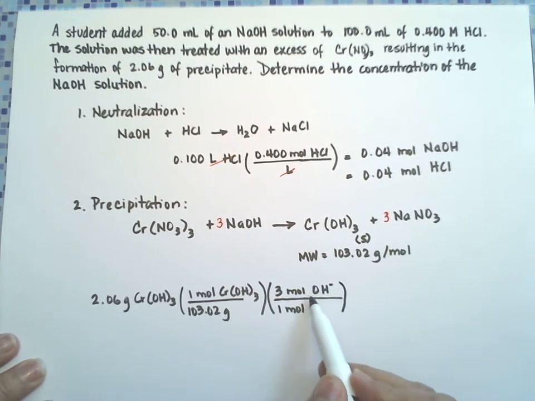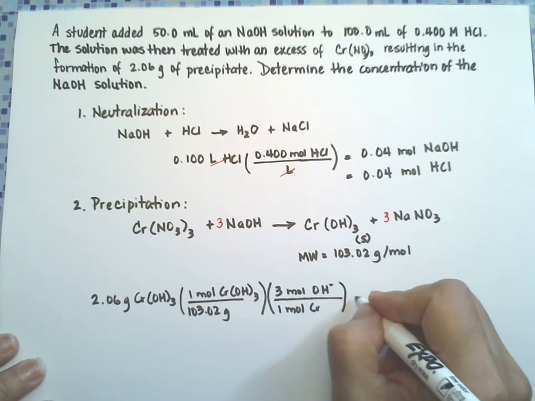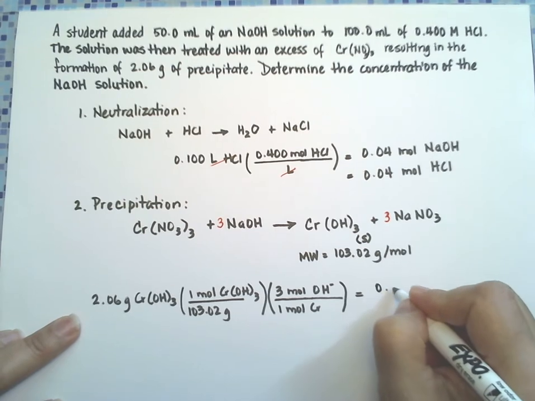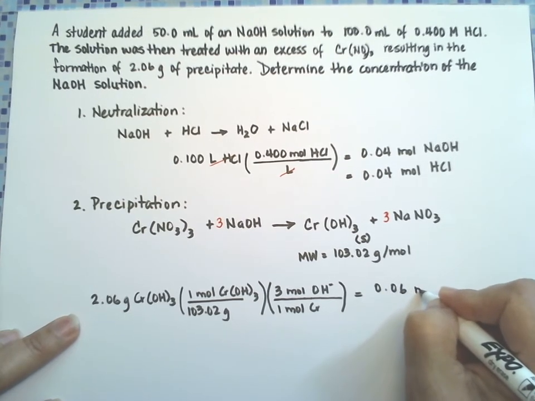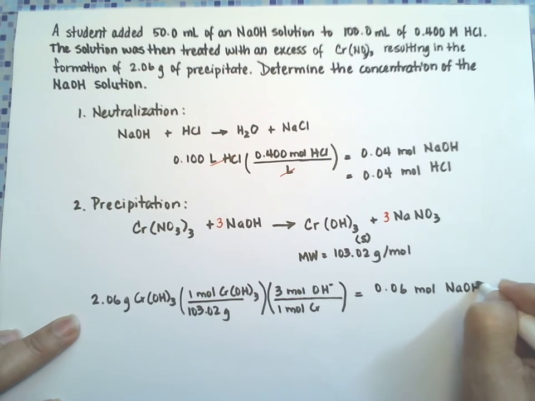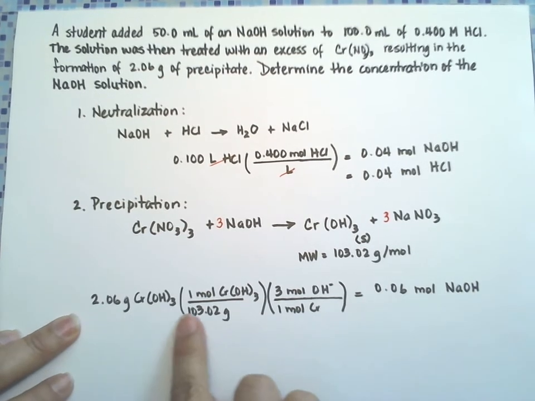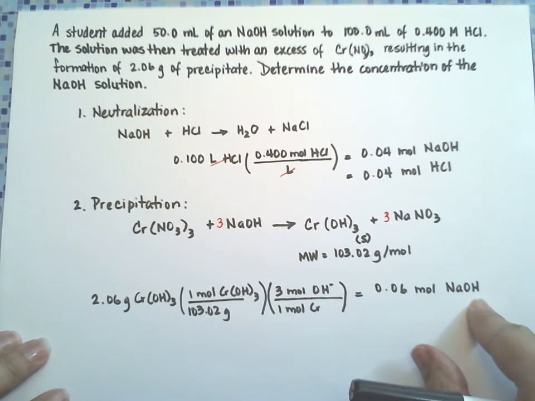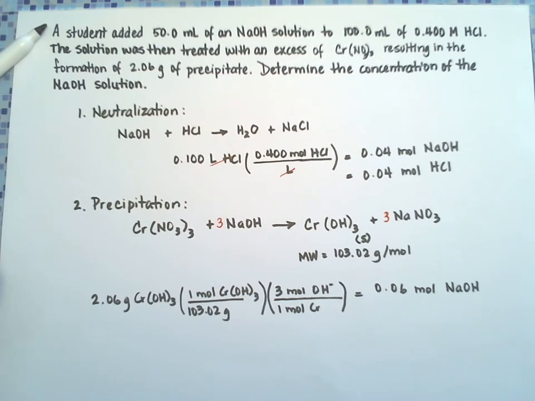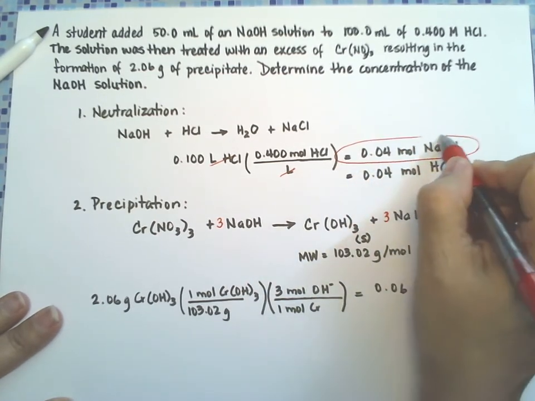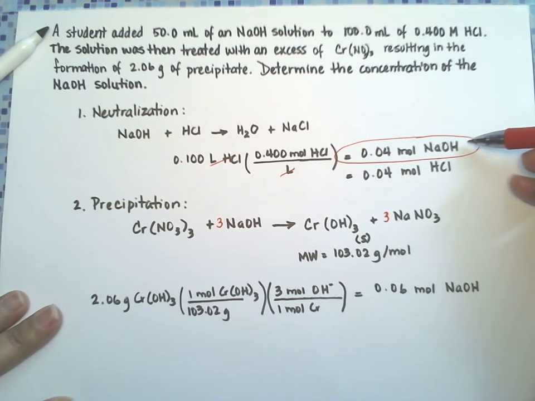You can put sodium hydroxide. I put the hydroxides in there. And this is going to give us, real quick, I already calculated it, that the precipitation reaction by itself used 0.06 moles of sodium hydroxide. All right, so let's go real quick. I have the first reaction used this much sodium hydroxide.